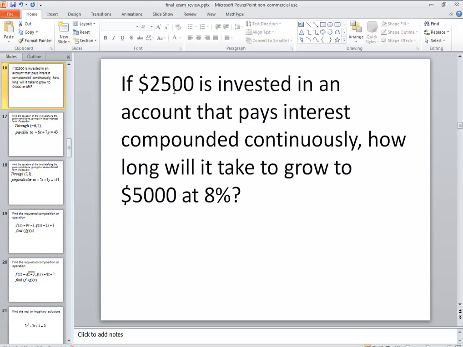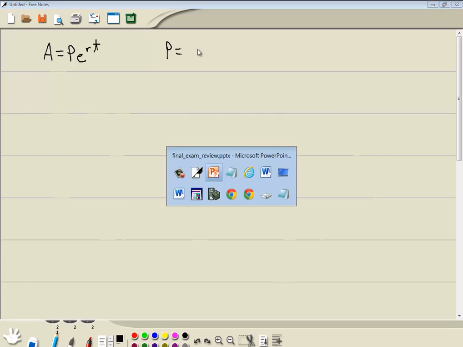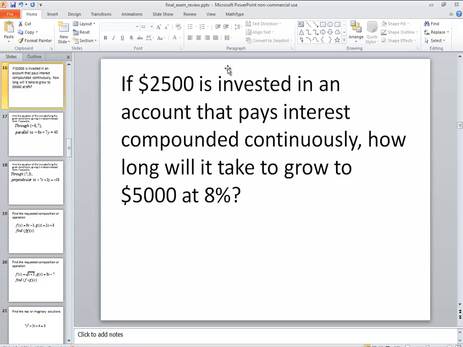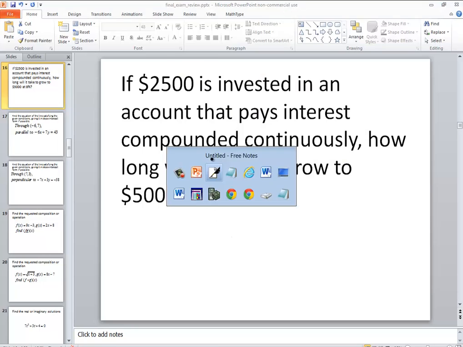And let's see what they give us. If $2,500 is invested, that's your beginning amount, your principal. So P is going to equal $2,500. Pays interest compounded continuously. How long will it take to grow to 5,000? So that 5,000 is our ending amount at 8%.